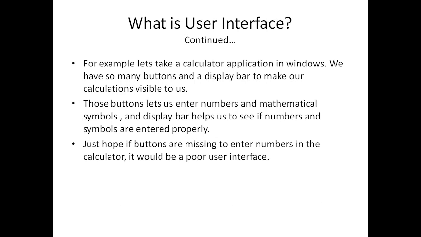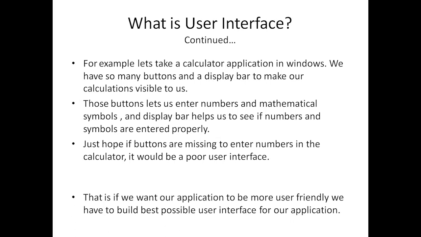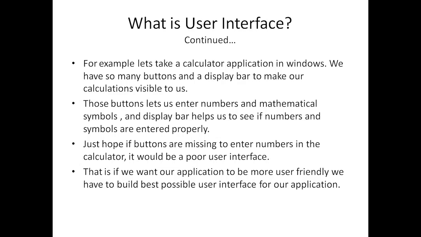Just imagine if buttons were missing to enter numbers in the calculator, it would be a poor user interface. That is, if we want our application to be more user friendly, we have to build the best possible user interface for our application.